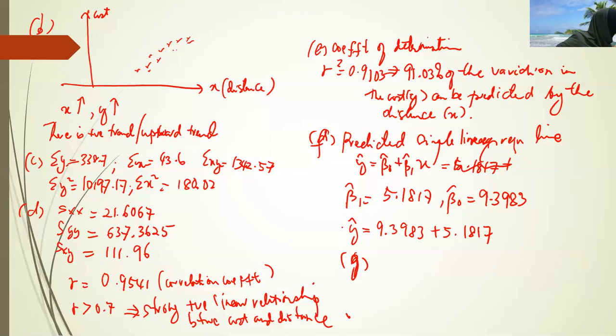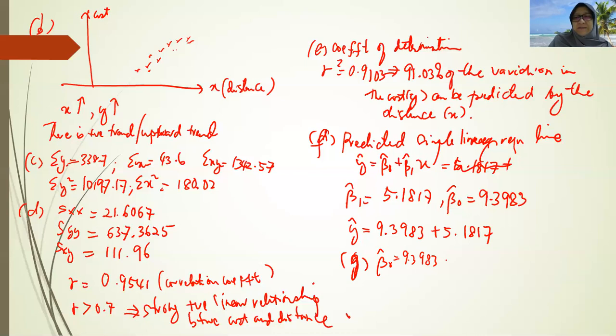Part G is to give the interpretation of the regression constant and regression coefficient. How do you interpret beta naught, which is equal to 9.3983?